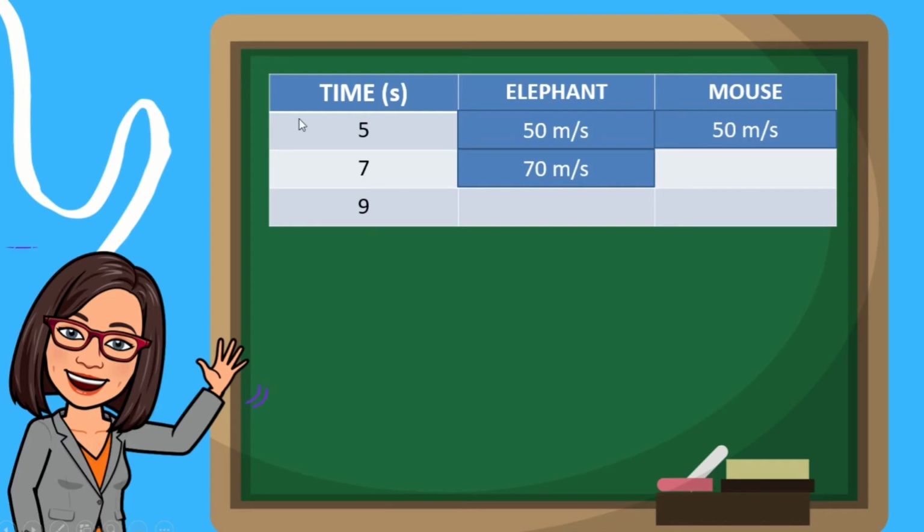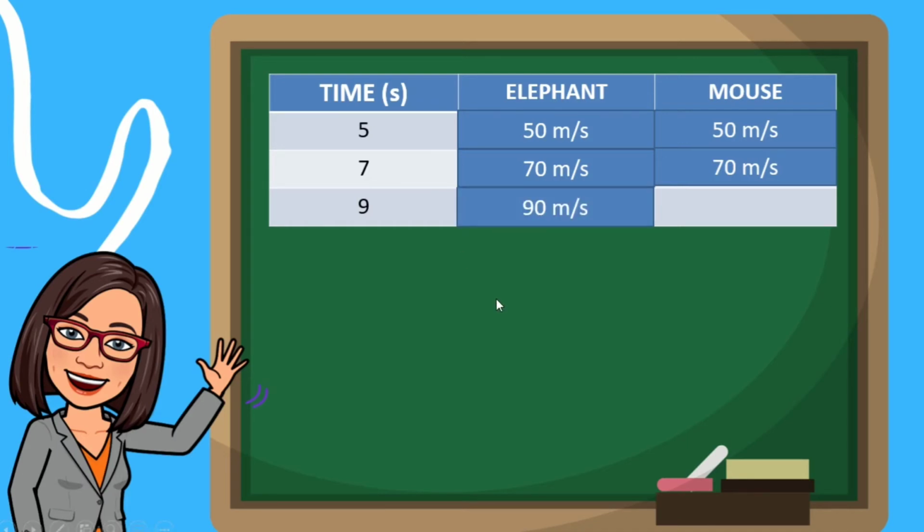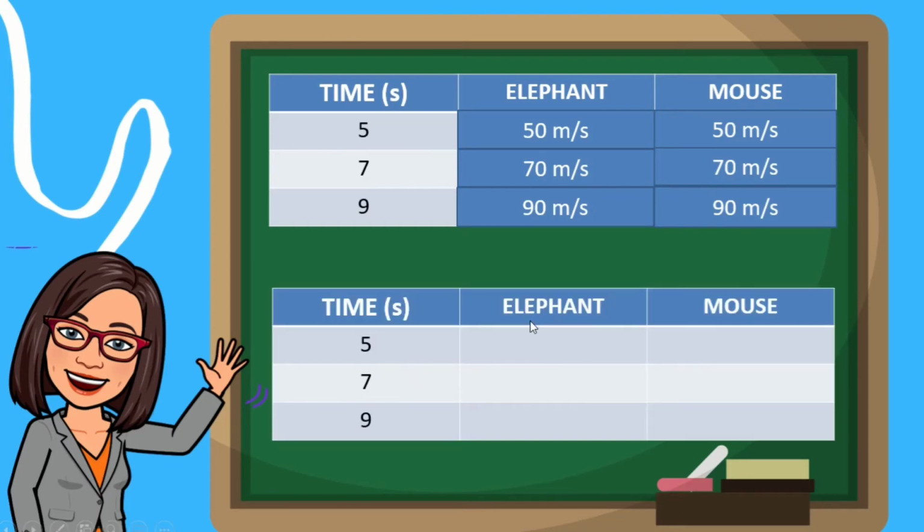Therefore, after 7 seconds, the elephant's speedometer will have a reading of 70 meter per second. Same as the mouse. Very good. After 9 seconds, nagiging 90 meter per second, while for the mouse is the same. Now, how about if we will use the actual value?